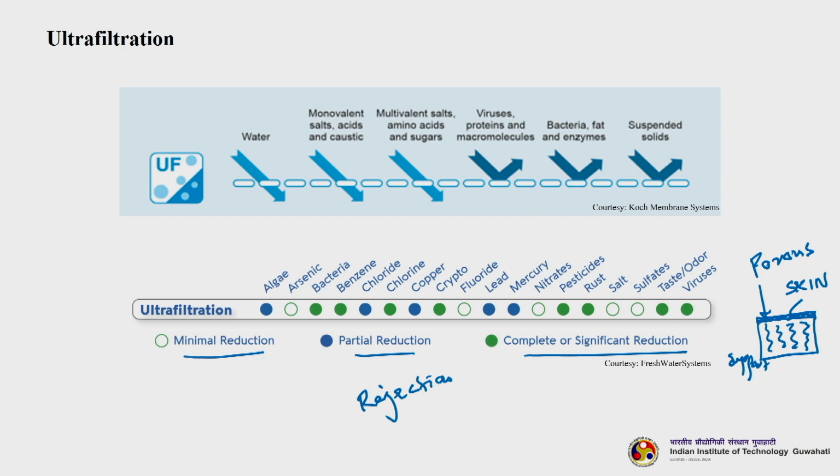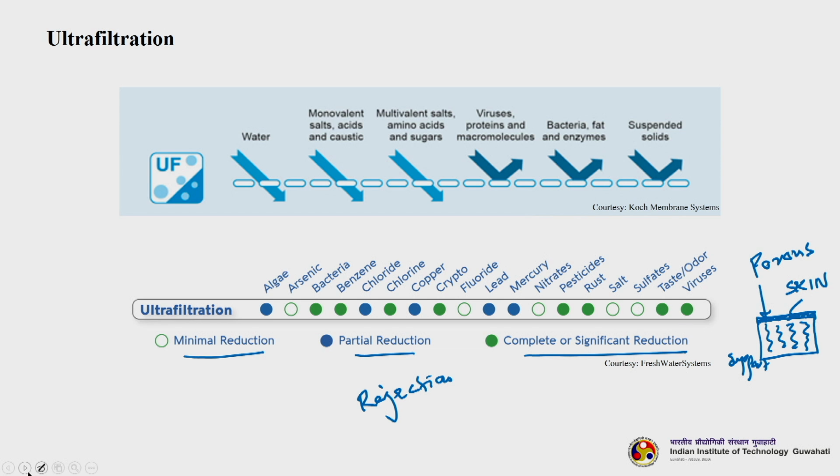Arsenic, one of the most talked about heavy metals because of the pollution it creates in so many parts of the world, also has minimal reduction, whereas bacteria, benzene, pesticides and viruses are completely rejected. Some other heavy metals like lead, mercury, copper and chloride are partially rejected.